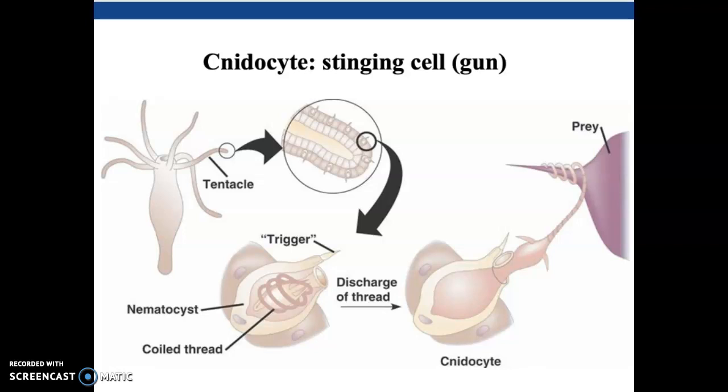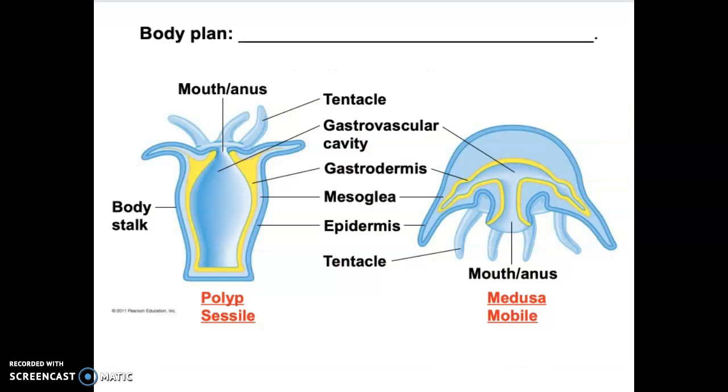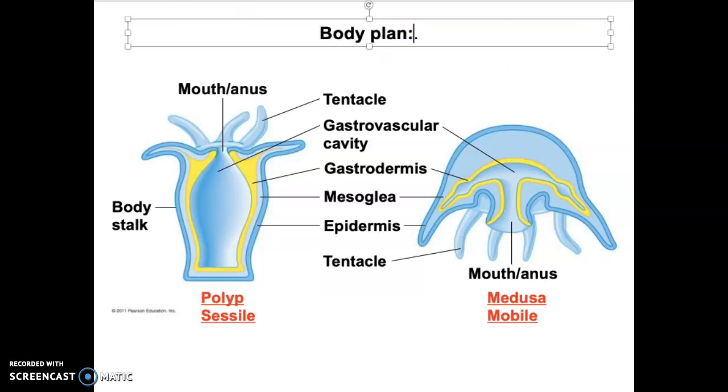Looking across the Cnidarians, we will see two body plans. The body plan rotates in some groups back and forth based upon which portion of the life cycle they are in.